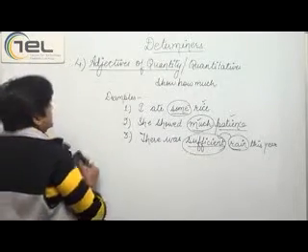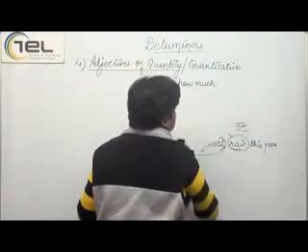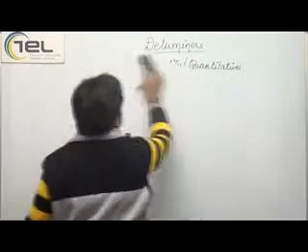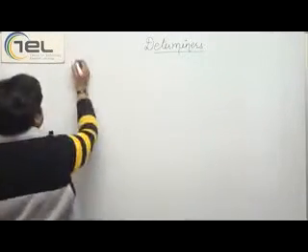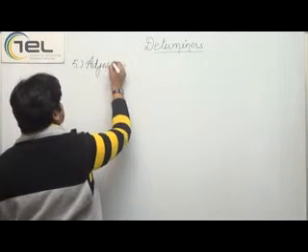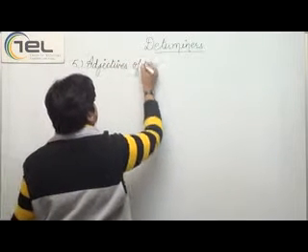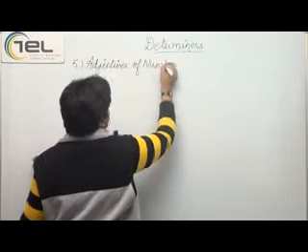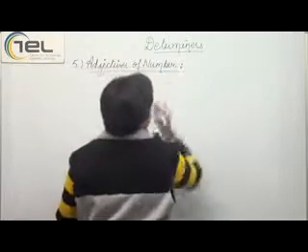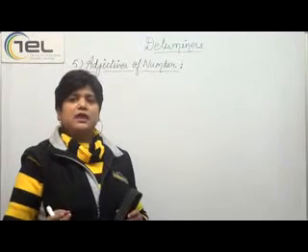Now let's move on to the next classification that we have, and that would be adjectives of number. Adjectives of number show how many nouns we are talking about.